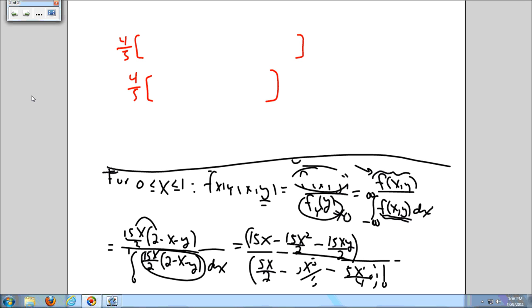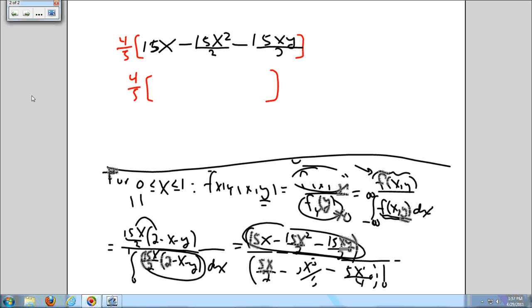And I have no idea why the beginning didn't come out, so I'm going to copy this down. 15x minus 15x squared over 2 minus 15xy over 2. That's the numerator.